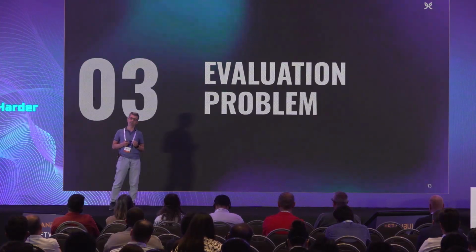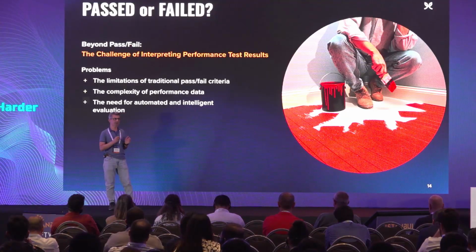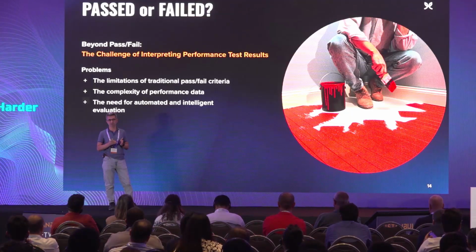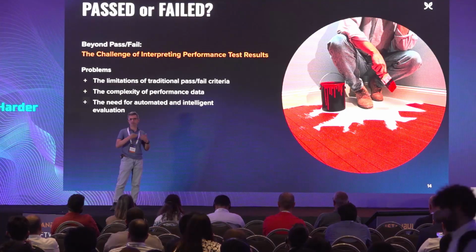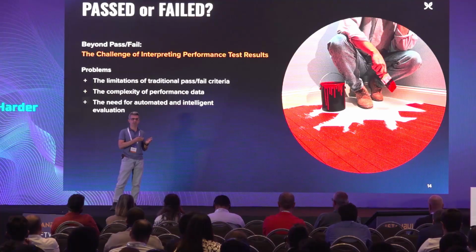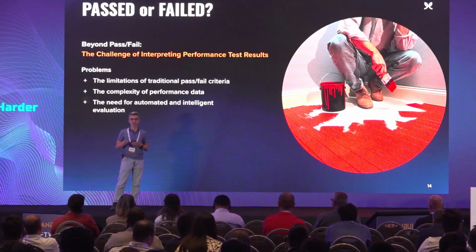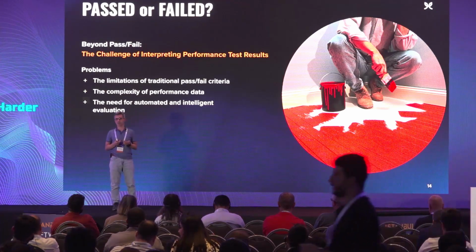And the evaluation problem is one of the core subjects in my talk. Actually, we can say the test is passed or failed. That is the easy thing. For example, if there is an unexpected error, then it is failed, obviously. But if there is no failure, but the result is satisfactory or not, this is the problem of the evaluation.